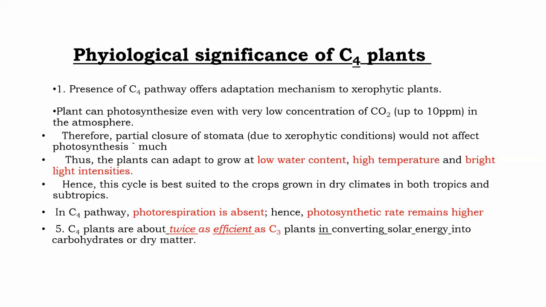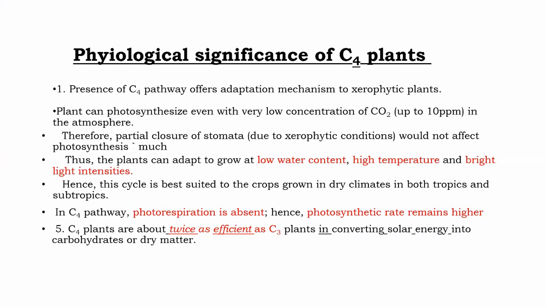Therefore, xerophytes can live by this mechanism. In general, C4 plants produce more photosynthesis than C3 plants. Examples are sugarcane and maize. Kambu, millet, and those plants are C3 plants.